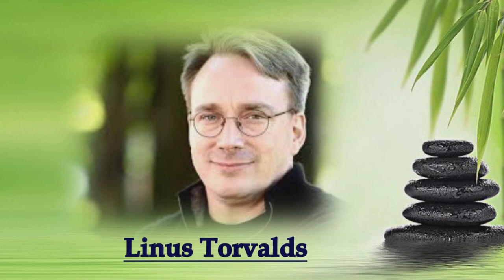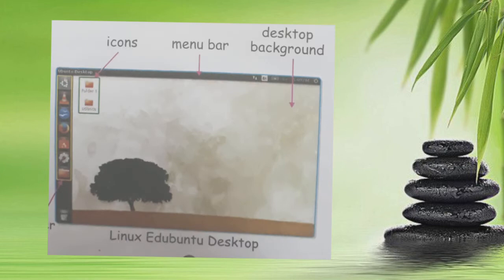Now let us discuss some common ideas about Linux operating system. First of all, when we start the computer, after completing the booting process, we can see a screen. That screen is known as desktop. So what is desktop? When the process of booting is completed, we can see a screen.